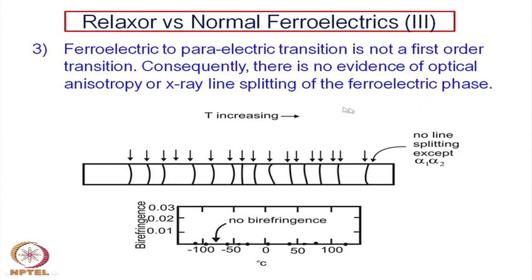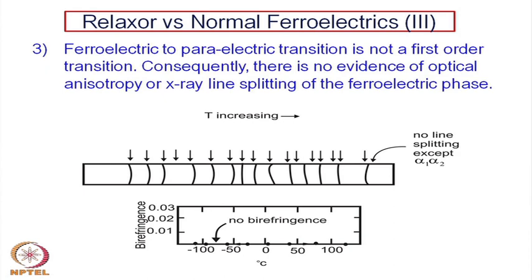Now, however, this kind of evidence is not there in Relaxor Ferroelectrics. It does not have the X-ray line splitting behavior. Okay. These are all single lines, there are no double lines or splitting lines, except of course alpha 1 and alpha 2 splitting is there.